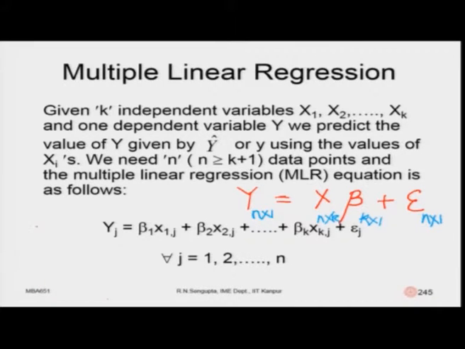I will draw y here. y would look like a vector y1 till yn, of size n cross 1. This value matches what we are saying, so this is satisfied.